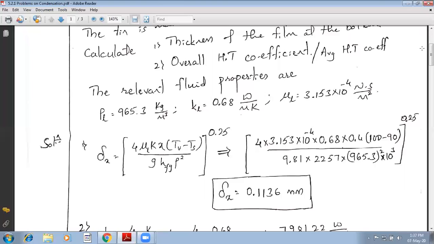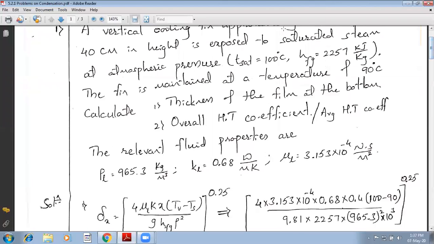The total height of the plate is 40 centimeter, which converted into meters is 0.4 meter, provided it is asked at the end or at the bottom. He may also ask the thickness of the film at 1/3 of the height. In that case, you should divide height by 3. He may ask at 2/3 of the height. You should multiply height with 0.66 or 2 by 3.